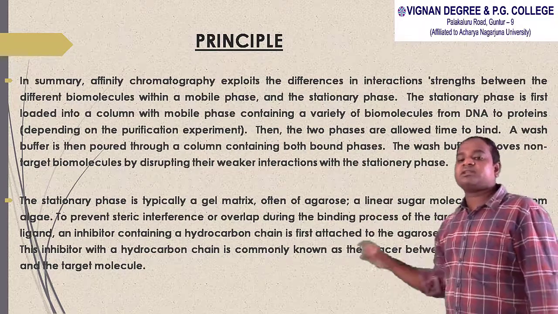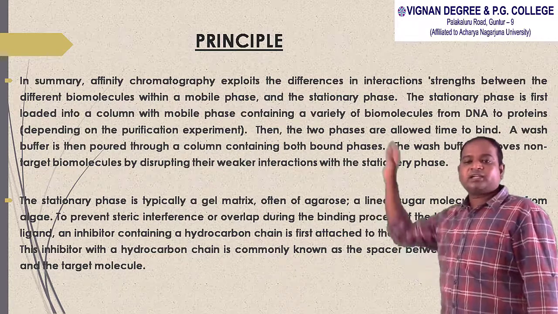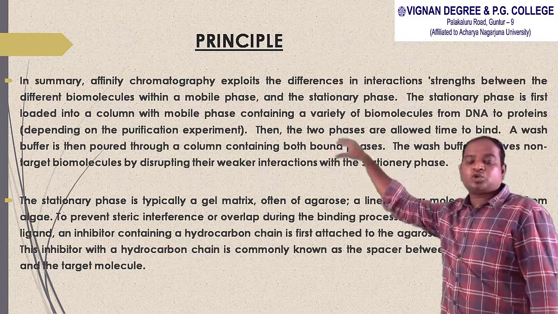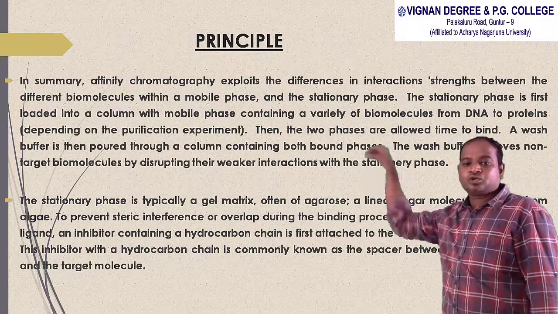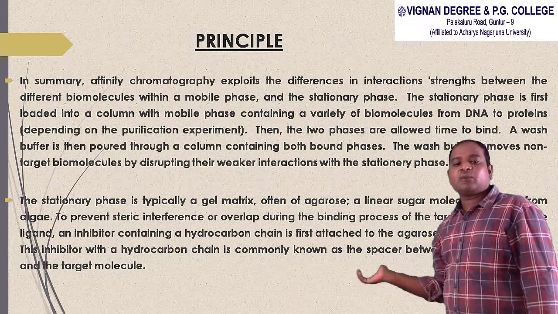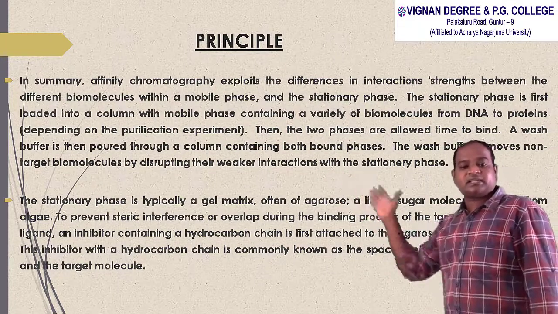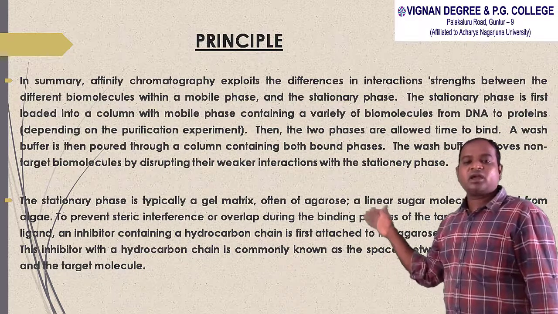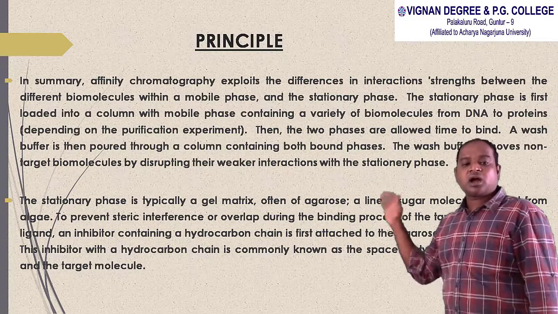Why this buffer reaction mixture? It resists pH change in the column, and it also removes the unwanted molecules. Those that react with the stationary phase will bind, and the remaining impurities will come out of the column. The stationary phase is typically a gel matrix, mostly of agarose, a linear sugar molecule derived from algae.